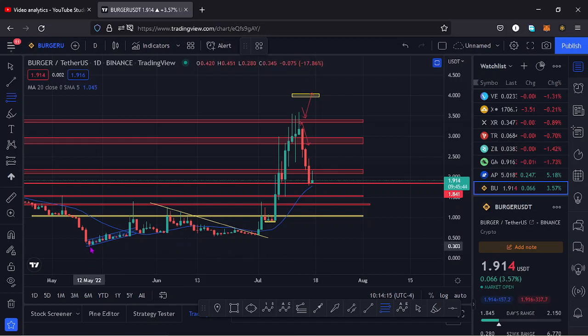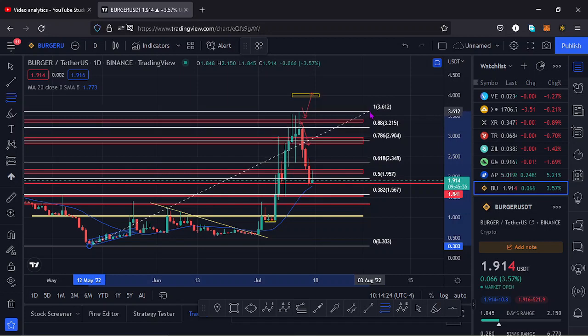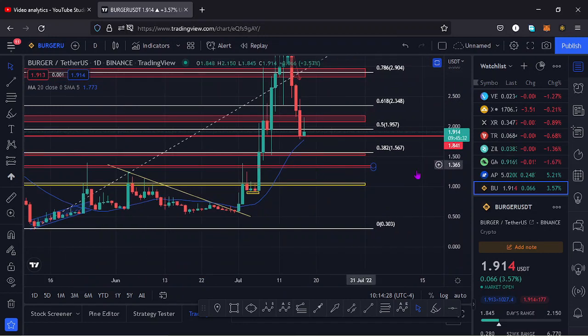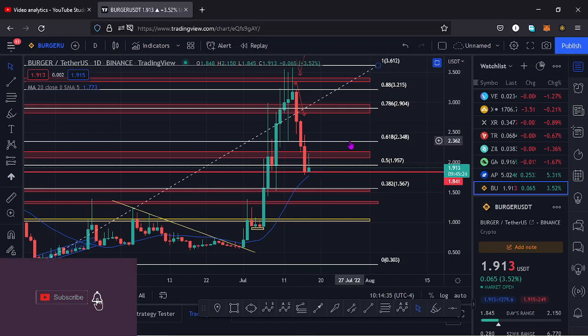If I apply the Fibonacci's from that low down there to the high that we made, then I zoom out on this chart, you can see that this wave to the lower side has retraced to the area between the fib level 0.618 and the fib level 0.382.